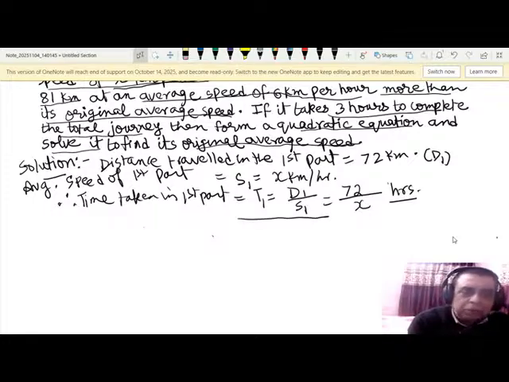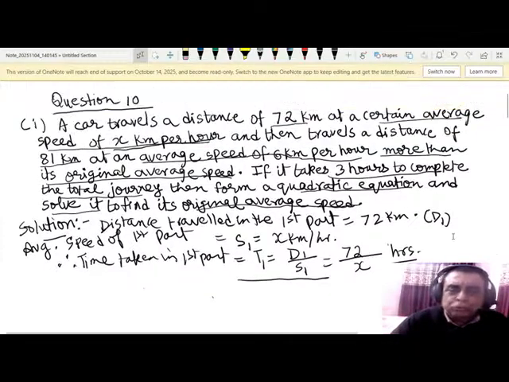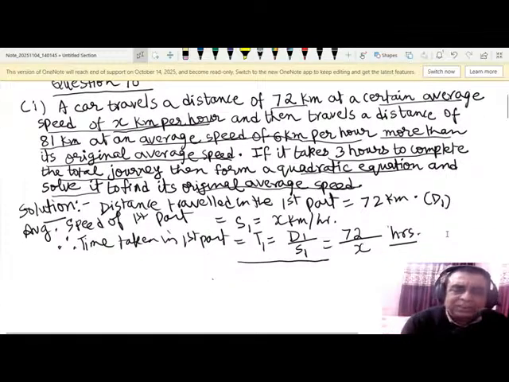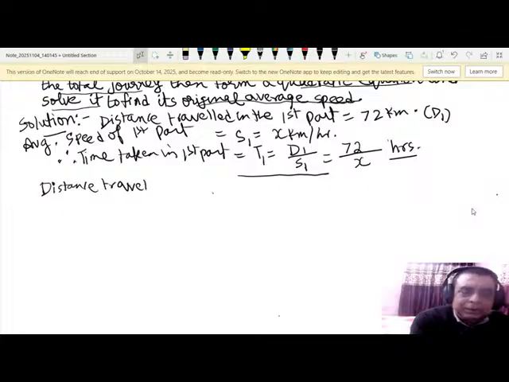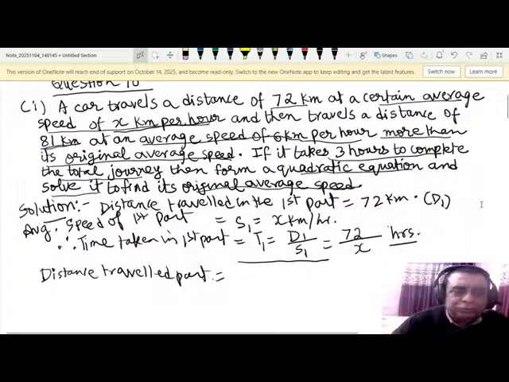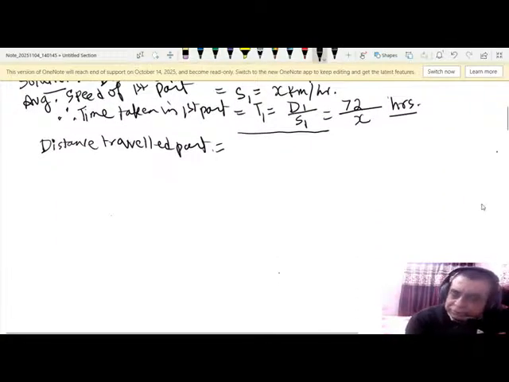Now we are told that the distance traveled in the second part is 81 kilometers. So we write the distance d2 is 81 kilometers.